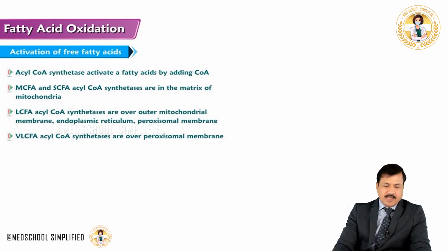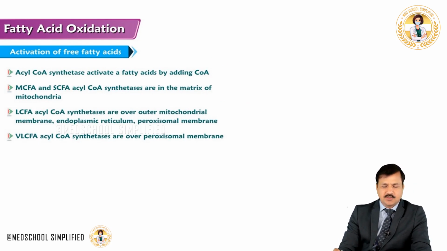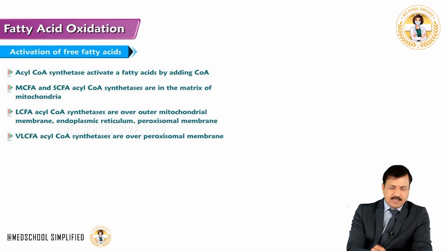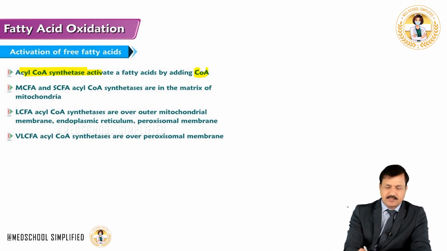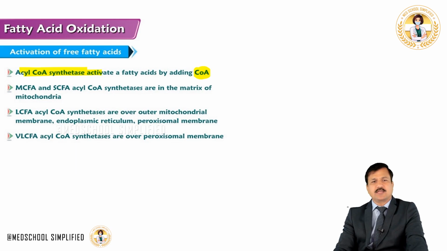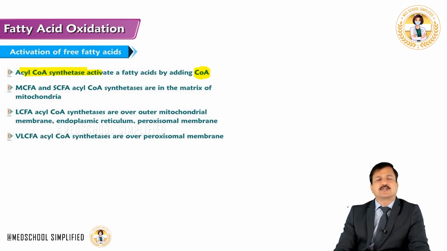Okay. Now the activation of free fatty acids from the previous figure. So this is just a recap of your previous figure. Acyl-CoA synthetase is the enzyme that will activate a fatty acid, and what this enzyme does is simply add CoA to a fatty acid. Now we have different types of acyl-CoA synthetases.